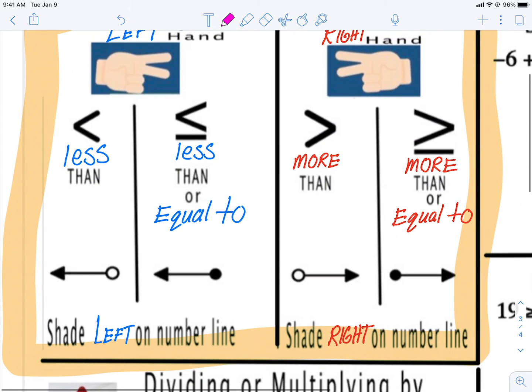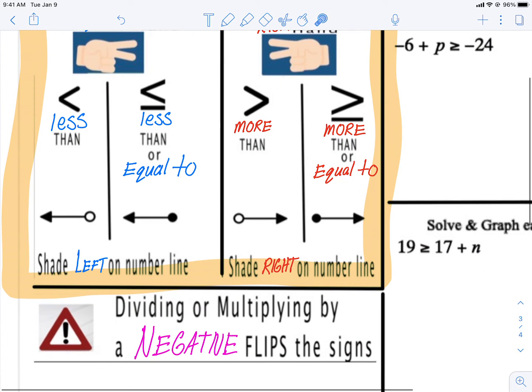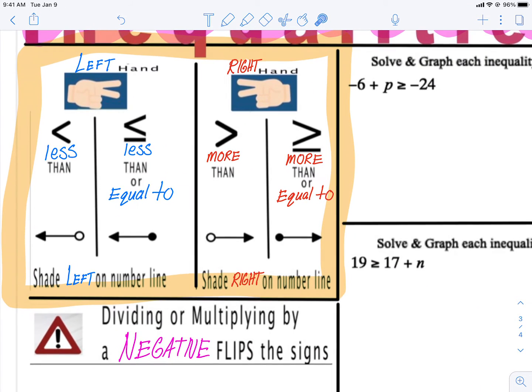So it's going to flip from this to that, or from that one to that one, and backwards as well. They'll flip. But we'll get to that. When we get to that, I'll point that out.